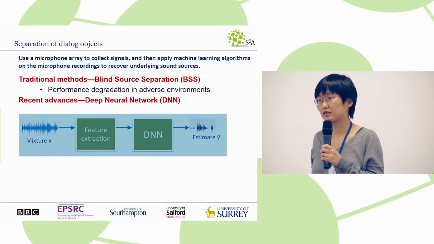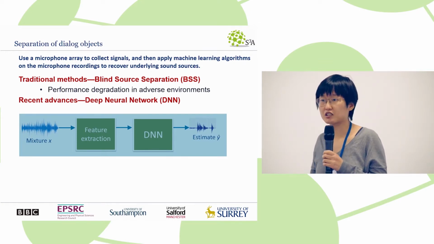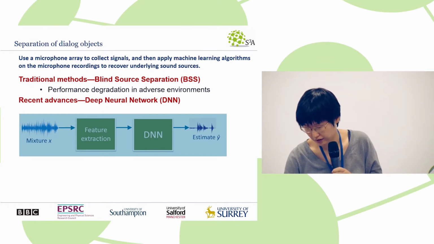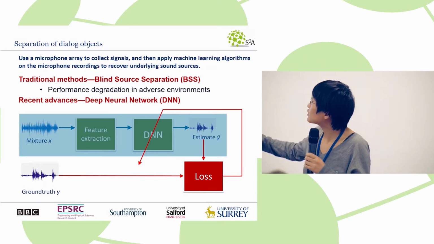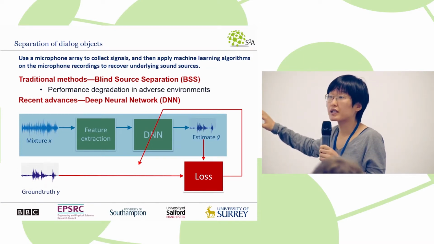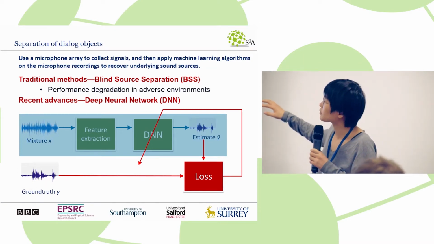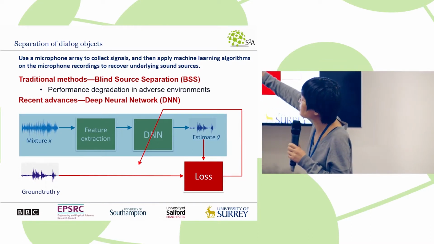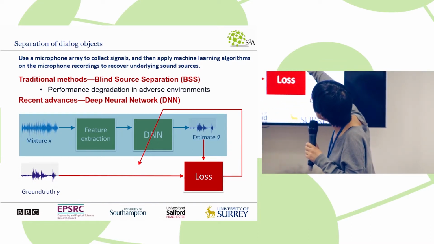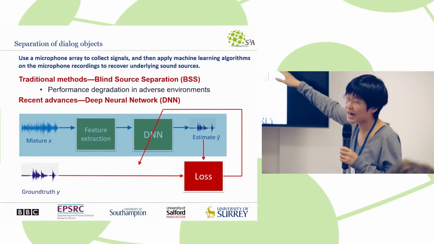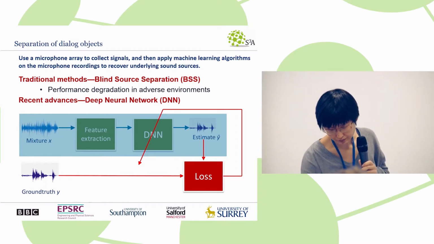Recent advances in deep neural networks help us to overcome these limitations. This diagram shows how we can use a deep neural network to solve this blind separation problem. We extract some features and feed them into a deep neural network and hopefully get the enhanced speech signals.